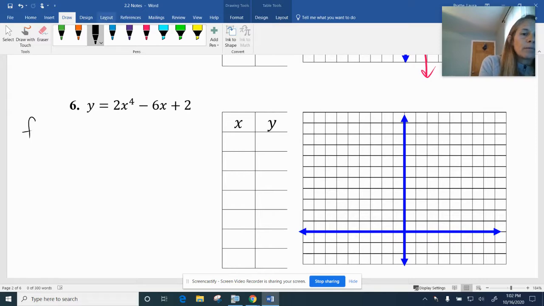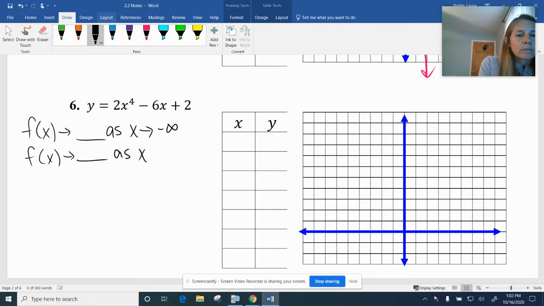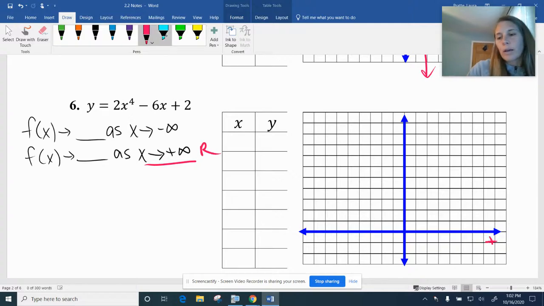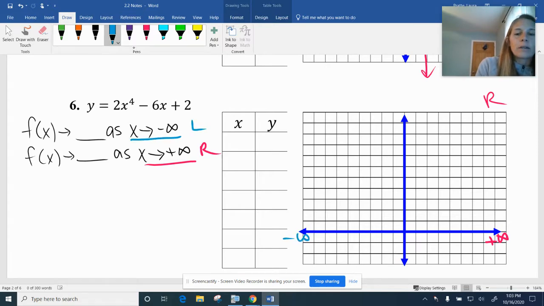First thing, our end behavior. Let's figure out what that end behavior is. Okay, the right side of our graph is x approaching positive infinity. The left side of our graph is x approaching negative infinity.